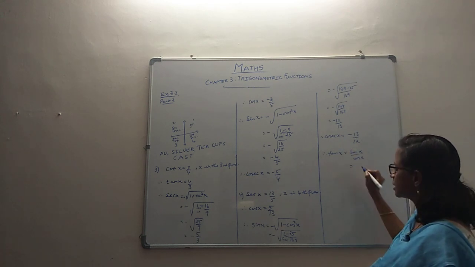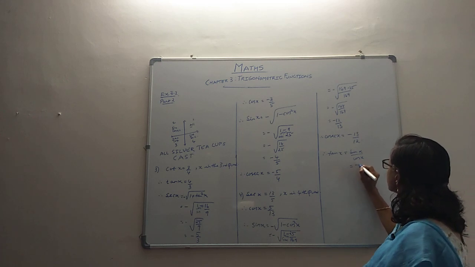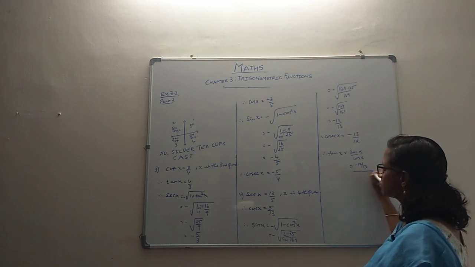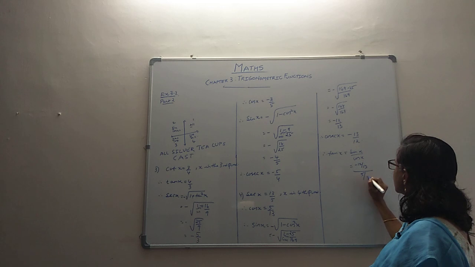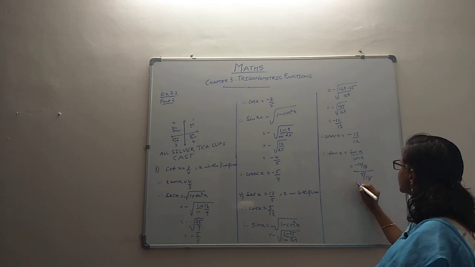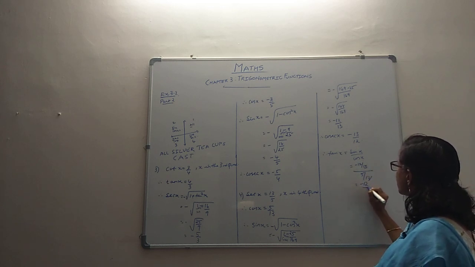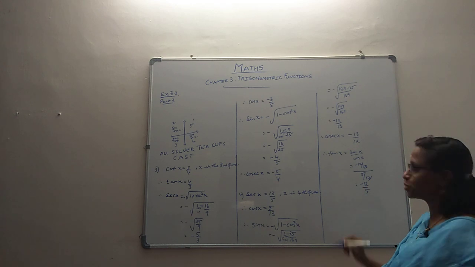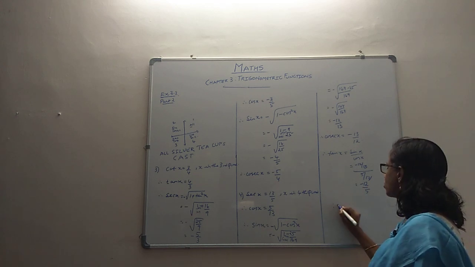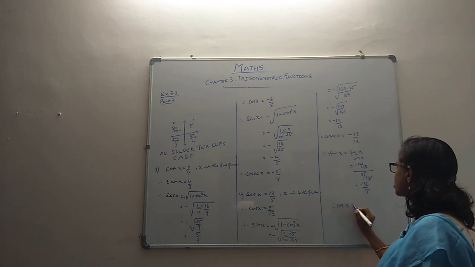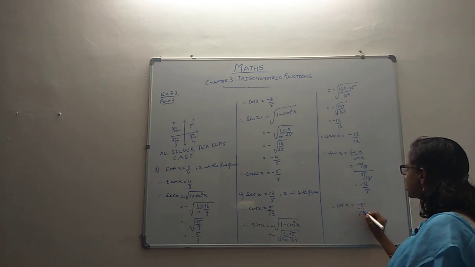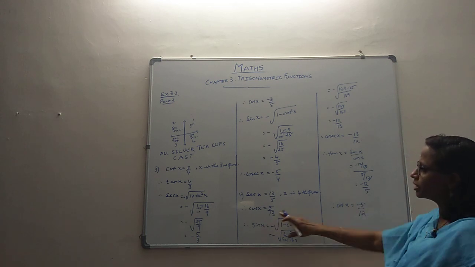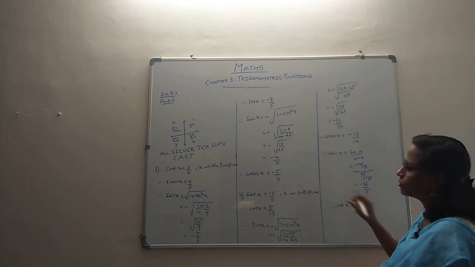Sin x for us is minus 12 by 13, and cos x for us is 5 by 13. The 13 and 13 can cancel each other, and you're getting minus 12 by 5 as the tan ratio. That allows us to get the cot also, and the cot ratio now comes to minus 5 by 12 because it's a reciprocal ratio. So we've got all the other ratios 1, 2, 3, 4 and 5.